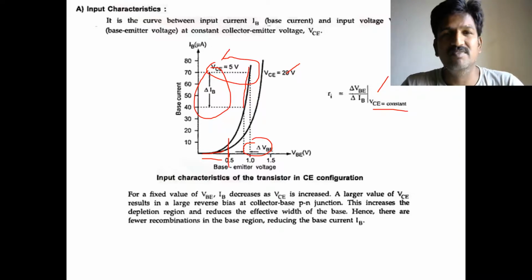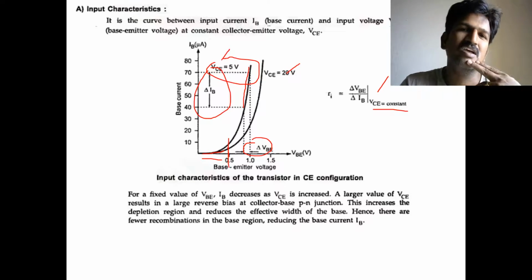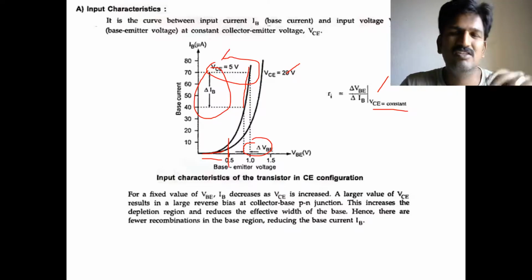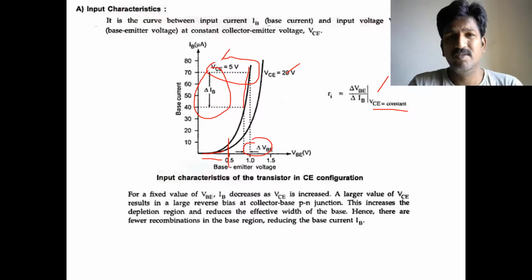You should observe VCE is 5 volts, VCE is 20 volts. What is the difference between them? VCE is 5 volts means the collector to emitter voltage drop is 5 volts. VCE is 20 volts means the collector to emitter drop is 20 volts. When VCE is more, it leads to the transistor not conducting as early.